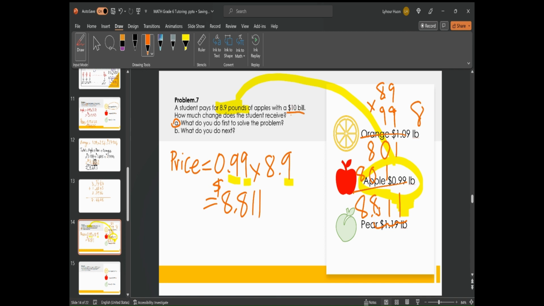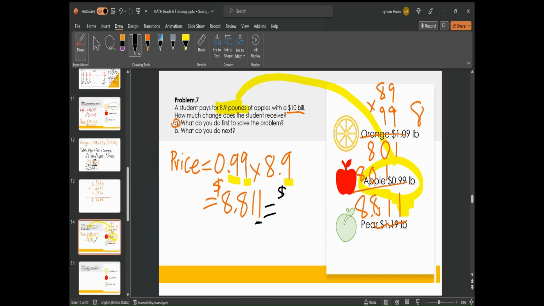We have a $10 bill. So how much change will we receive? How can we do it? The number to the right is 1, which is very little.